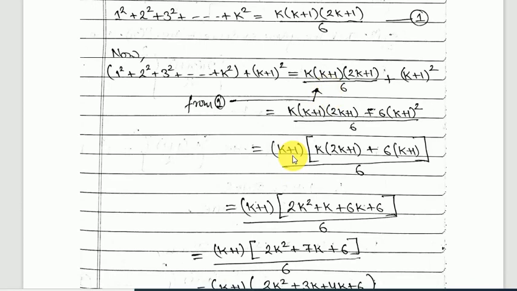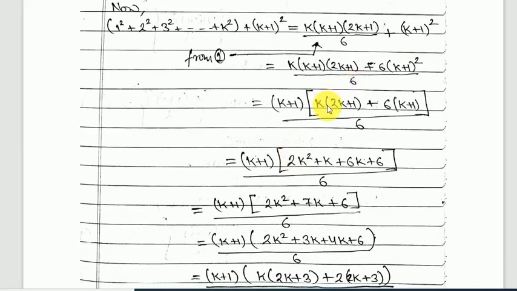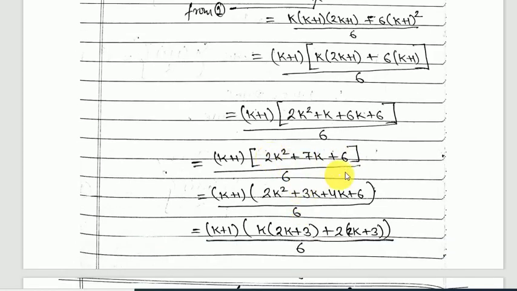Now open this bracket, so you get 2k square plus k plus 6k plus 6. Now you get 2k square plus 7k plus 6. It is a quadratic expression, so we will factorize it. Here 2 into 6 is 12.